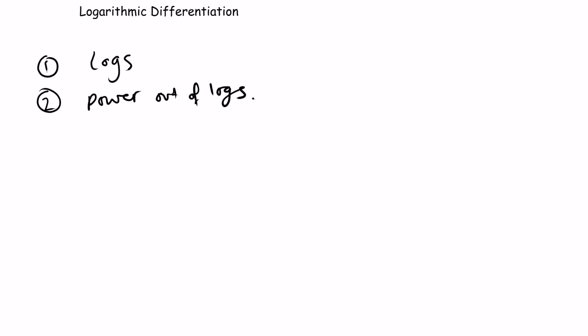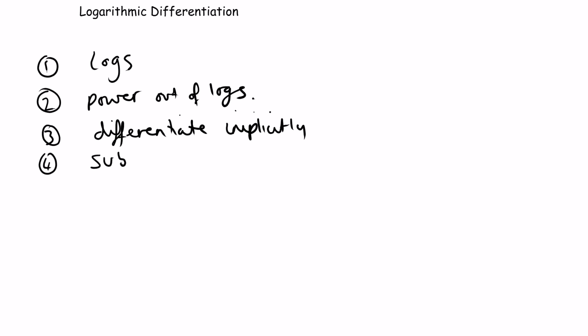The third step is to differentiate, which we do implicitly. And then finally, we sub in y using our original question so that we have it in the form dy by dx is equal to a function g of x. And that is logarithmic differentiation. Thank you for watching.